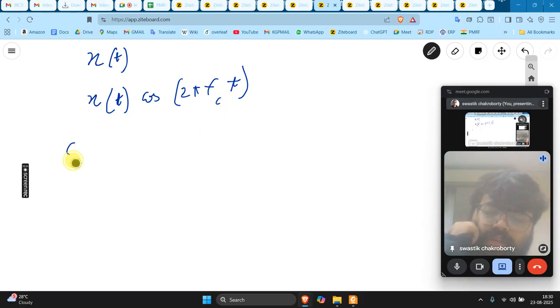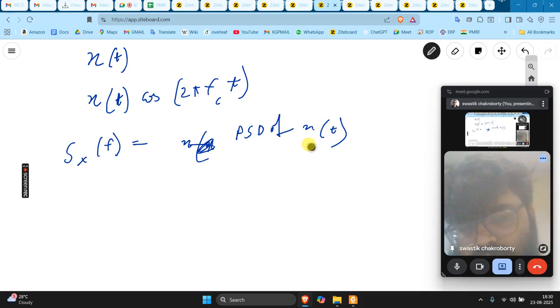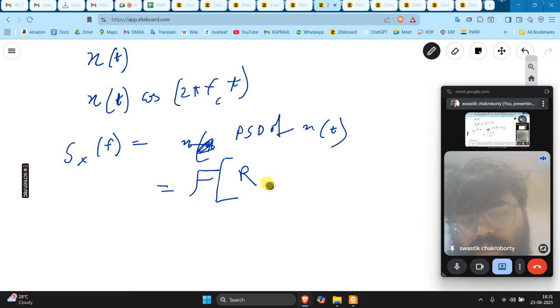Now the PSD of x(t) is Sx(f). Now what is the PSD? PSD is the Fourier transform of the autocorrelation.